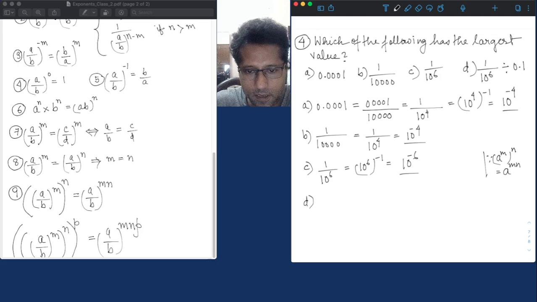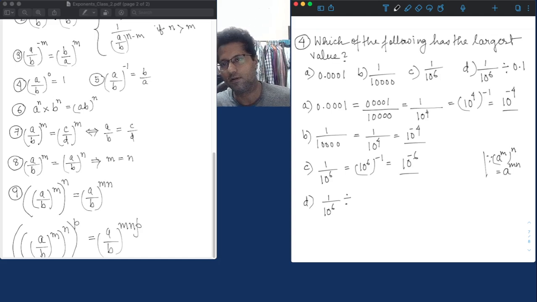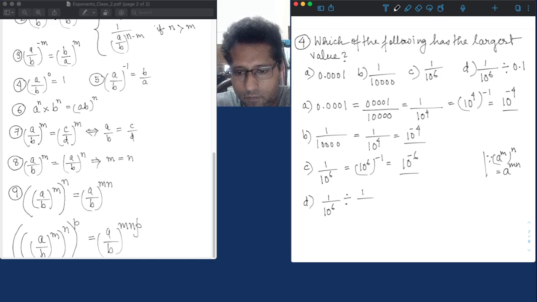And what is D? D is 1 by 10 to the power 6 divided by 0.1, which in fraction will be 1 by 10. Now 1 by 10 to the power 6 is nothing but 10 to the power minus 6, and this is divided by 1 by 10, which means 10 to the power minus 1.